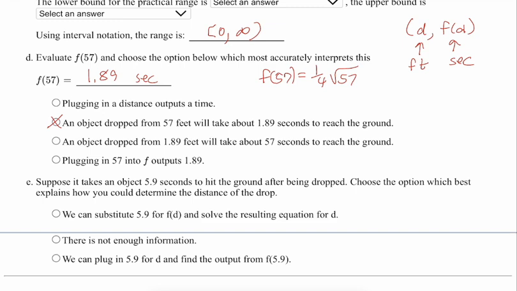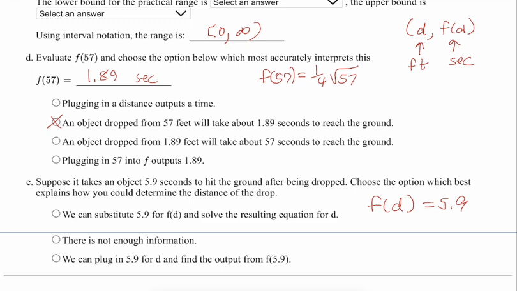Now, here's where E is different. Remember that one where it said, where was the f of x equal to 40, I believe it was. That's the same thing here. They are saying that my seconds are equal to 5.9. So that's different.